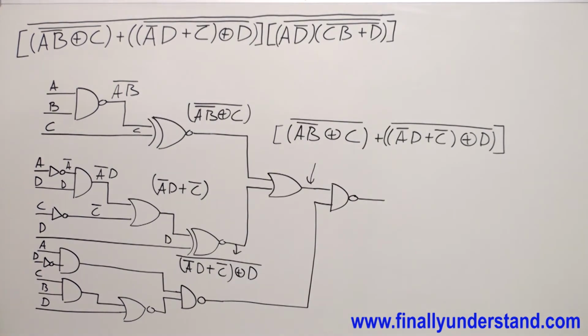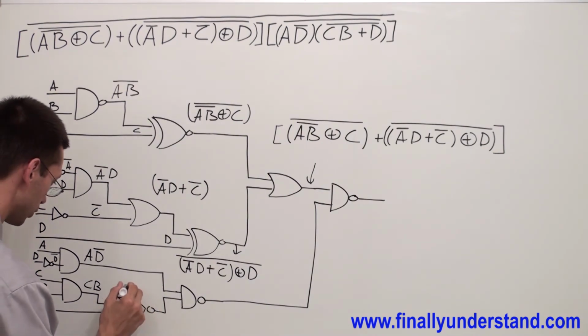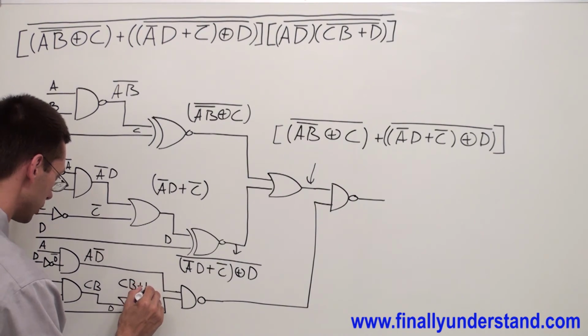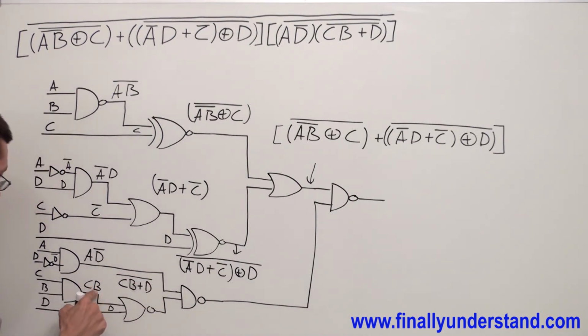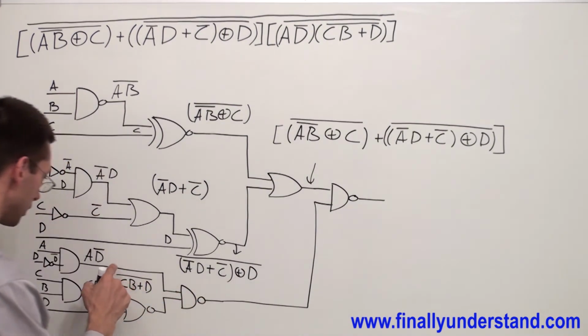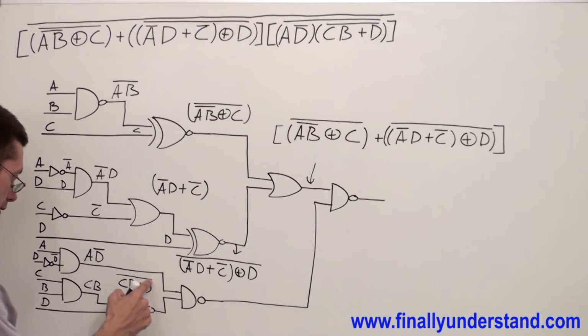Okay, now let's take a look what we are going to have over here. I have D naught, and I have A and with D naught. At the output of this gate, I'm going to have C, B. This is D, so my D is going to go over here. At the output of this gate, I'm going to have C, B, NOR D. So this is C, B, NOR D. Okay, so at the output of this gate, I'm going to have this expression NAND with this one.